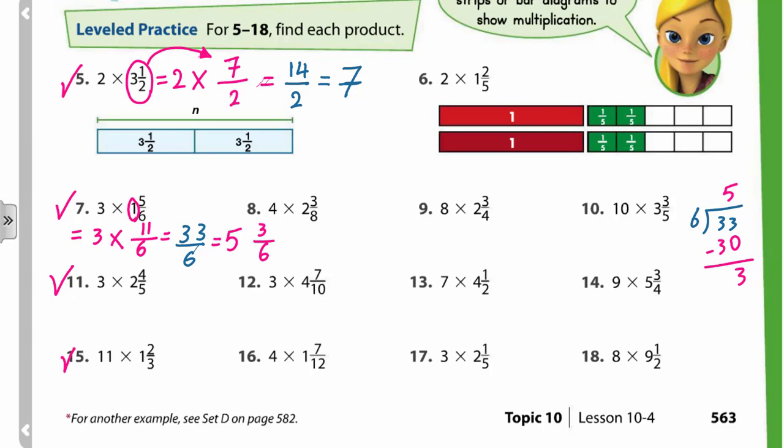Yes, the denominator, we don't change it. But why do we make 3 multiplied by 11 sixths equal 33 sixths, equal 5 and 3 sixths? Yes, that's what we did. Do you have any problems?